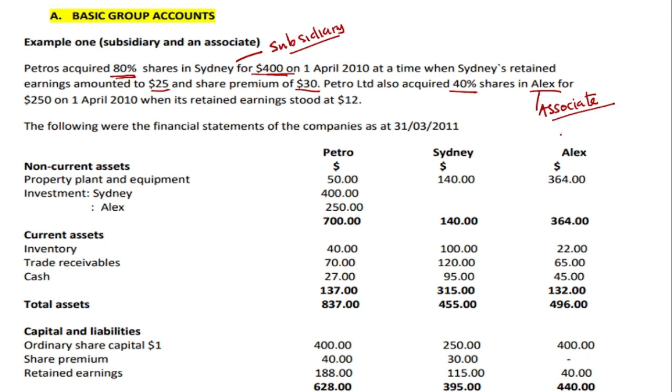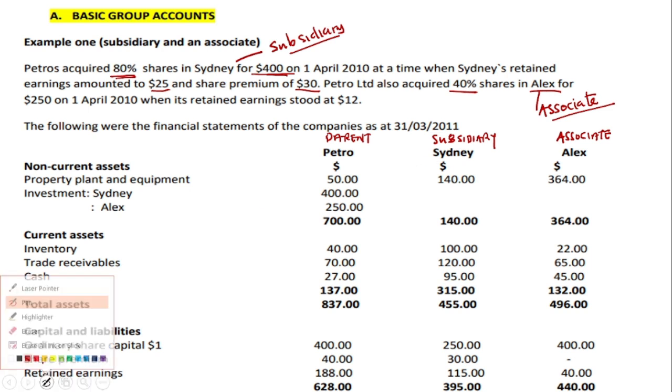So when you look at information of this nature, you shouldn't be scared, because the one that you are controlling is Sidin. So therefore, even when we are going to consolidate, our focus will be on Petro and Sidin. Okay, these are the two that, of course, we'll look at. So our focus will be on the two, Petro and Sidin.